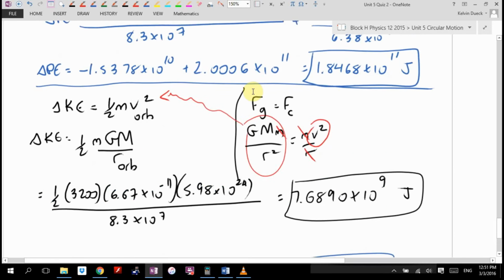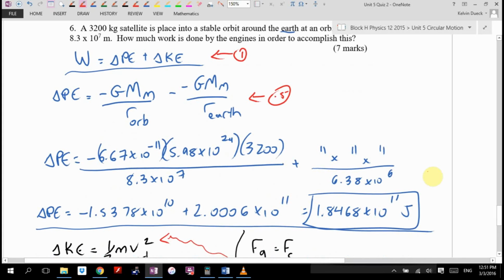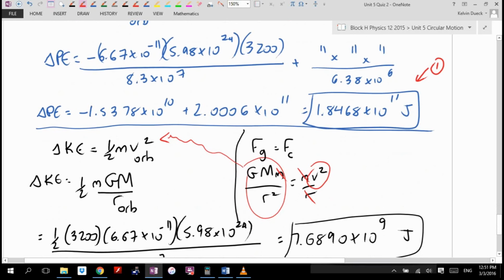How would you give out part marks there, Mr. Dewick? Oh, I made this one 7 marks, did I? I would probably go something like this. I would give you 1 whole mark because that's the key. I would give you a half mark if I saw that. I would give you 1 whole mark for finding that. That gives you 2.5 out of 7.